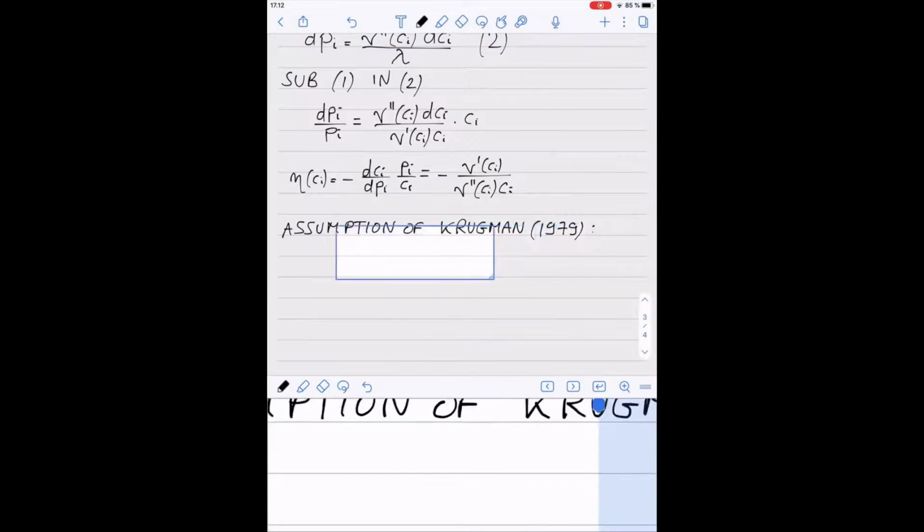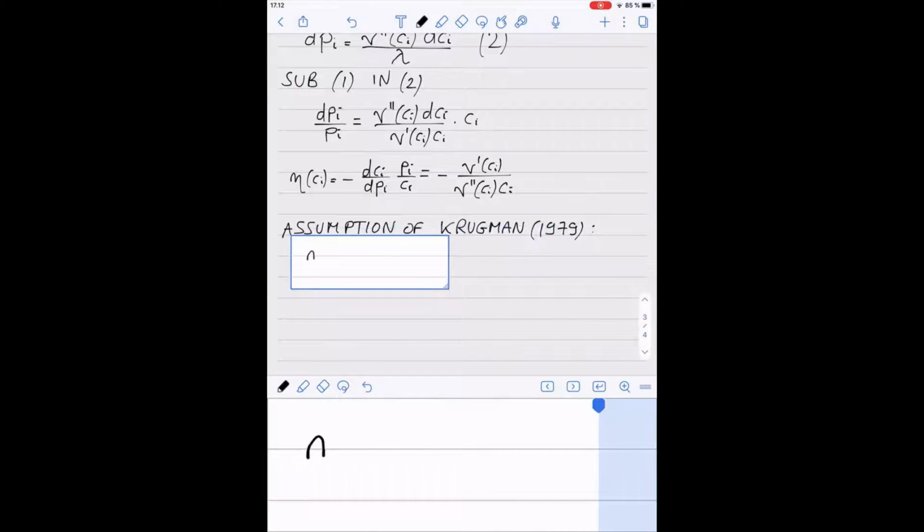He assumes that this demand elasticity eta is declining in Ci. So it's basically saying that the more a good is consumed, the less elastic the demand for that good is. And we're going to see later on that this has an important implication for the markups of firms, and that is perhaps the most appropriate way to rationalize this assumption, to understand this assumption.